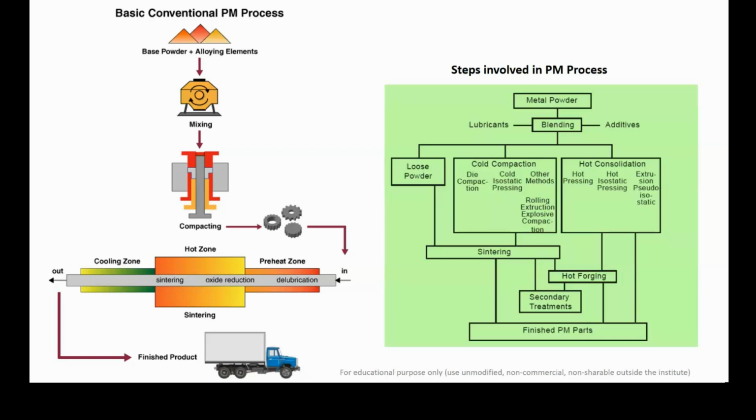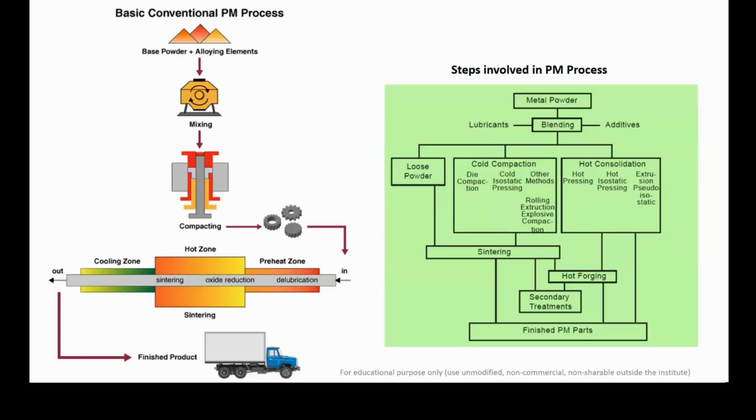Then you fill your powder mixture into this die cavity, and then you press this powder mixture to a particular pressure, which causes the densification of the powder particles. It means there is cold deformation between the powder particles, and there is a sort of cold welding among the powder particles.